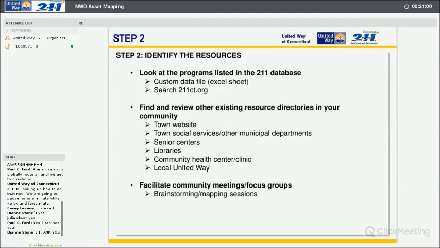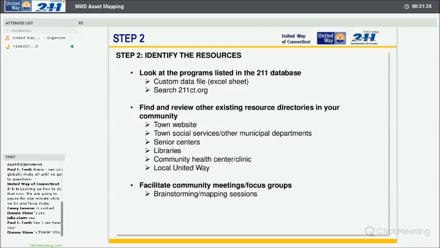Senior centers also have listings. Libraries sometimes maintain their own directories or informal lists of resources, because they are often in a position to refer residents to services.